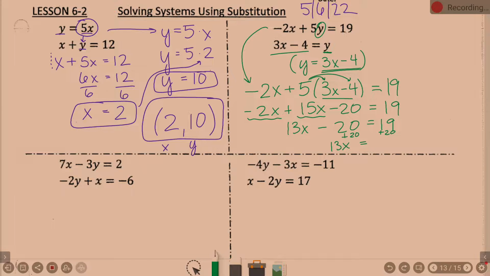The 20's cancel. 19 plus 20 is 39. When you catch up, you know what to do with 13x equals 39. Divide by 13. Equals 3. And x equals 3.